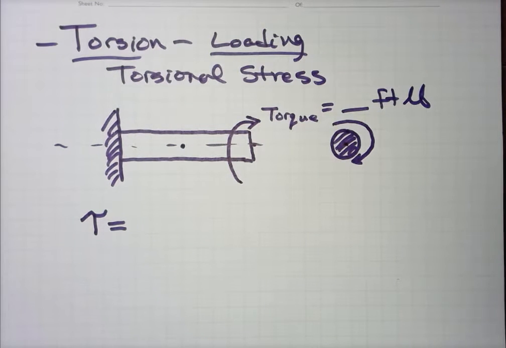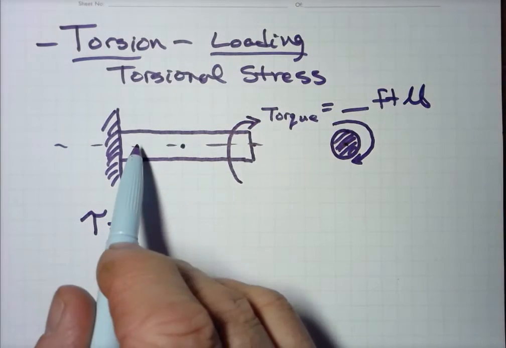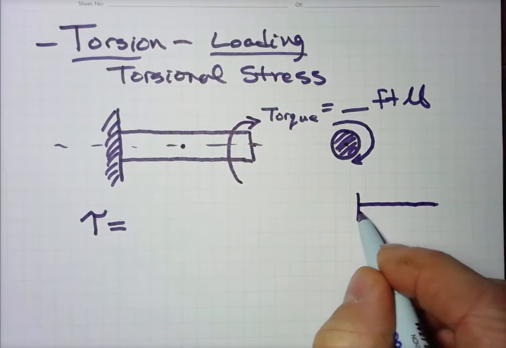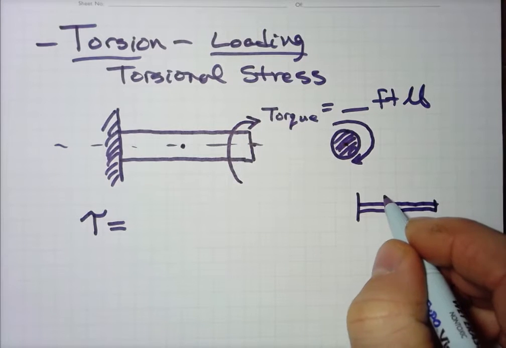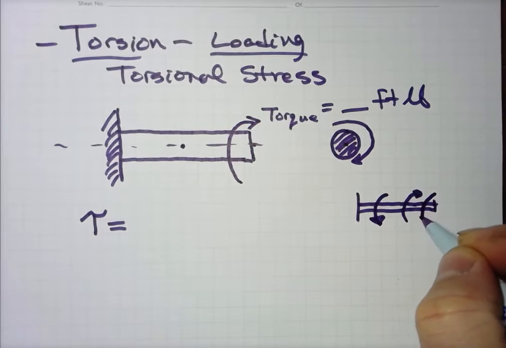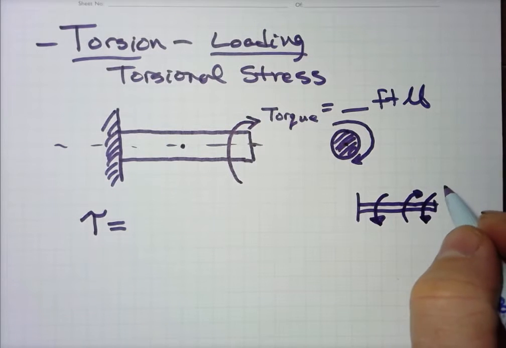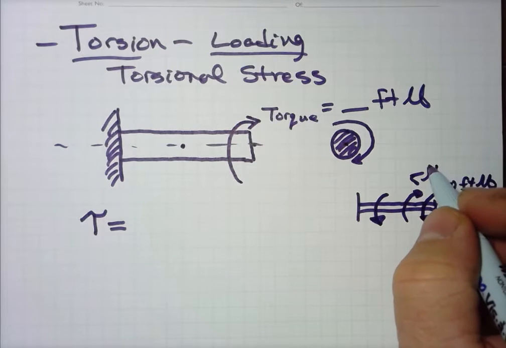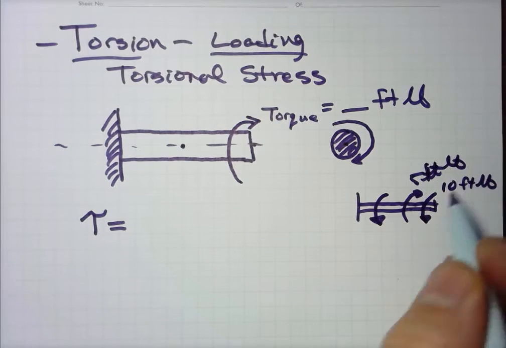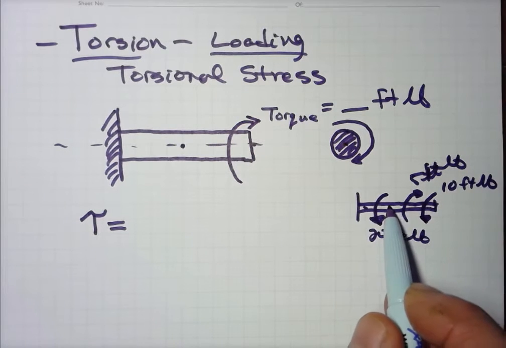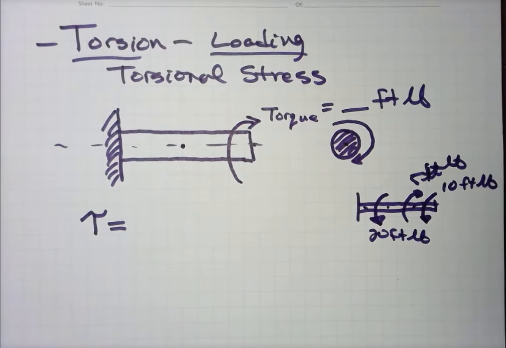We will take a look at some examples where the torque is different at different places. Here, I'll draw a quick picture. If we had a shaft that had a variety of different loadings, 10 foot-pounds, 5 foot-pounds, 20 foot-pounds, then at each location between these you would have a different torque.